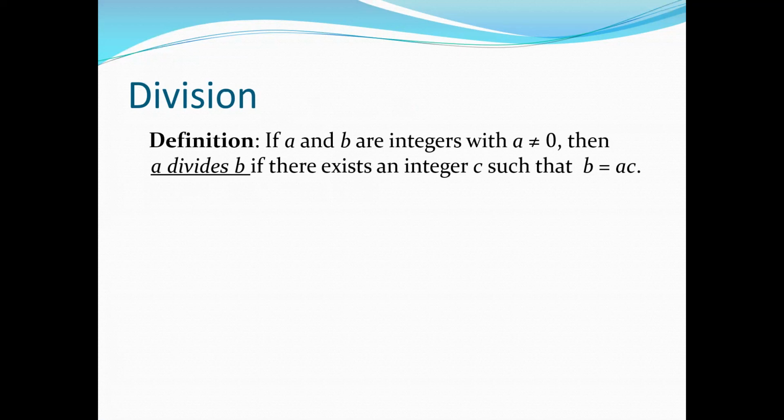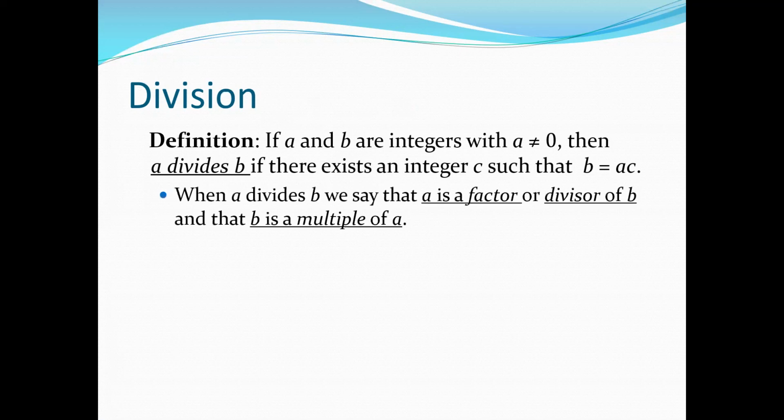If a divides b and the result is a whole number, we could say that a is a factor of b, or a is a divisor of b. And referring to b, we could say that b is a multiple of a. We multiply something by a that will yield b. That's the meaning of multiple.